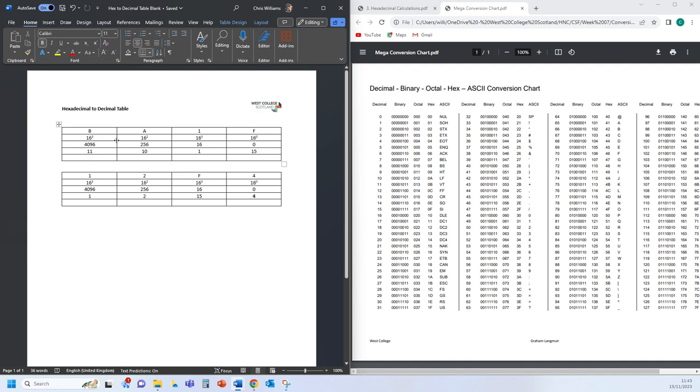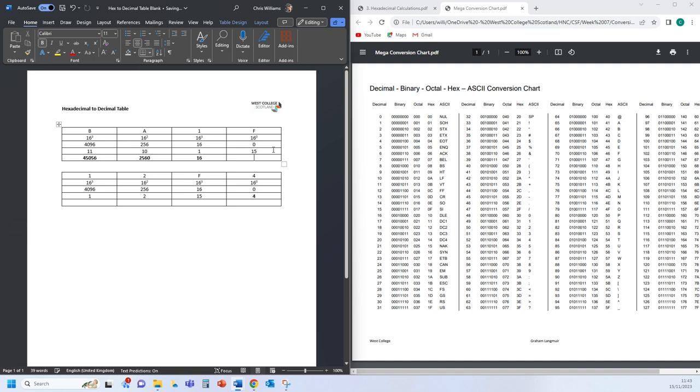So 11 times 4096, easiest way to do it, times it by 10, add another 4096 onto it, so it's 45,056. The next one, obviously 2560. 1 times 16 is 16.